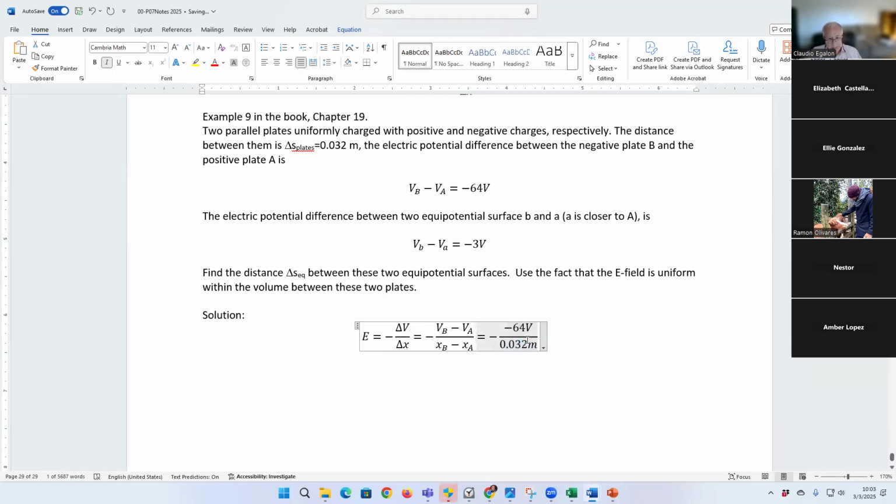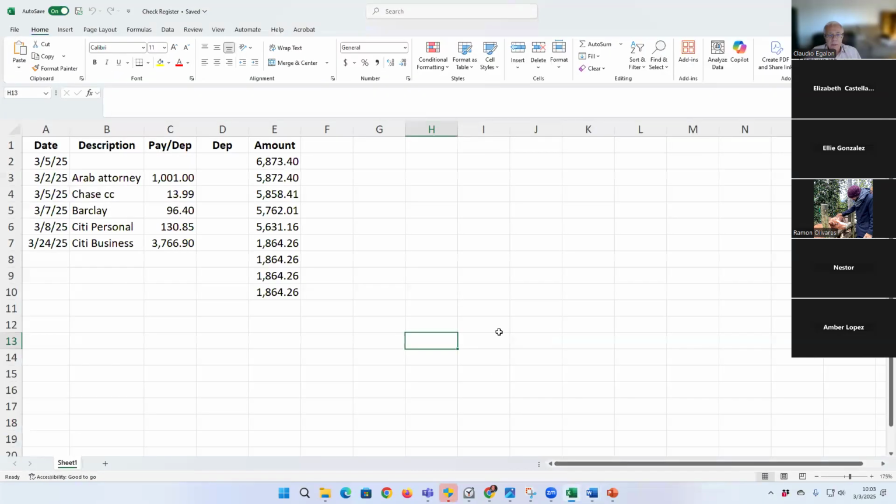And then the minuses cancel. All you have to do now is the math. 64 divided by 0.032. I'm getting 2,000.